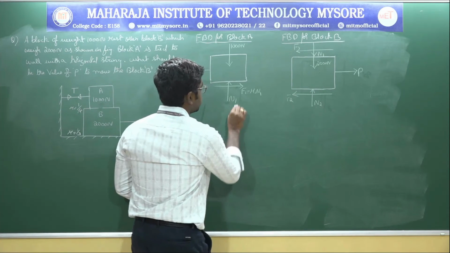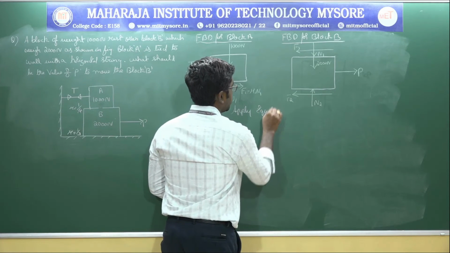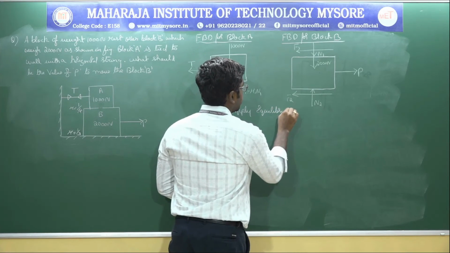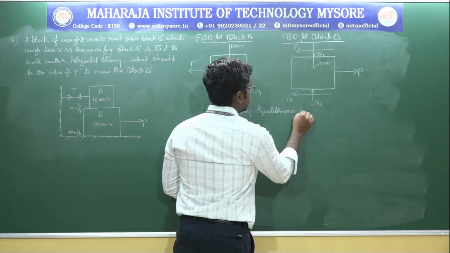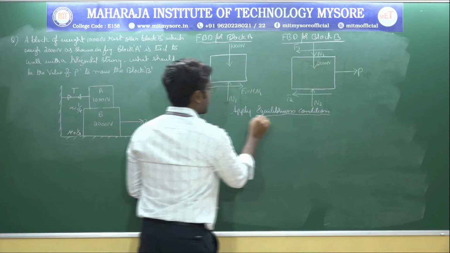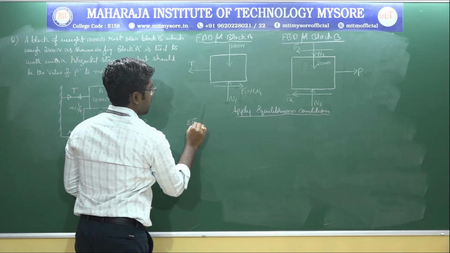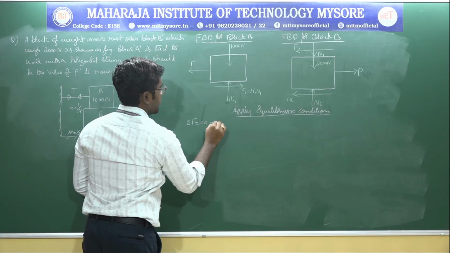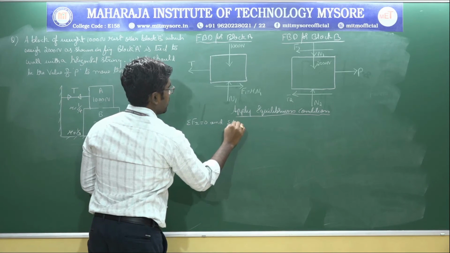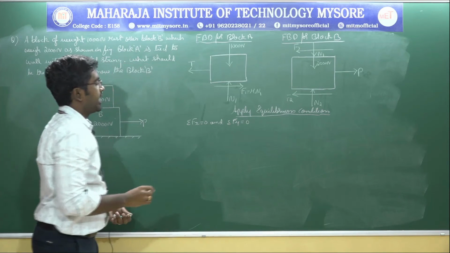So let me apply the equilibrium condition. So first for this one, summation of Fx is equal to 0 and summation of Fy is equal to 0, right?